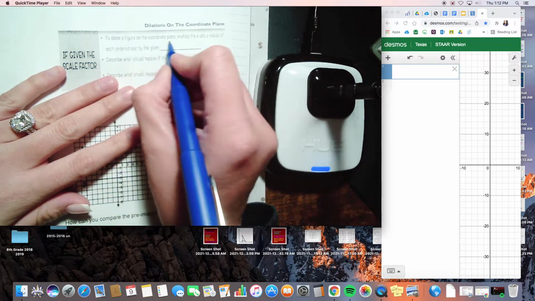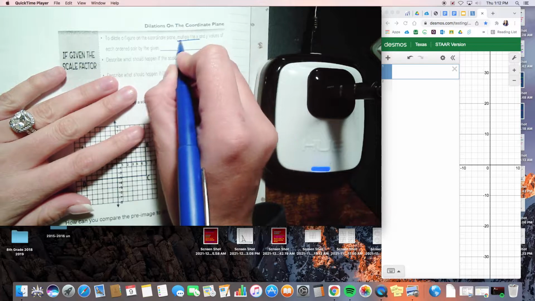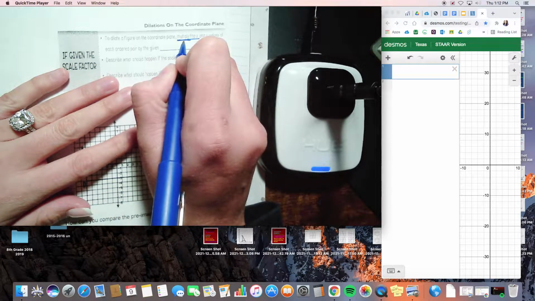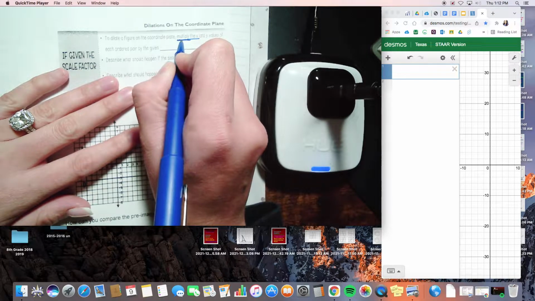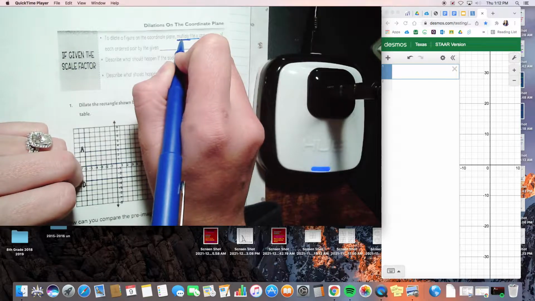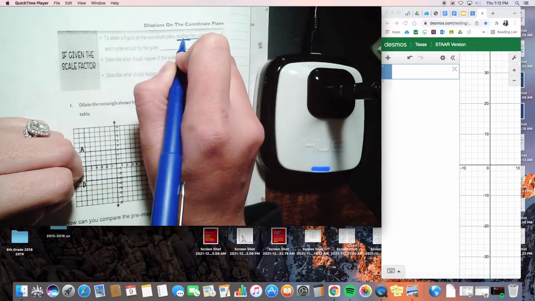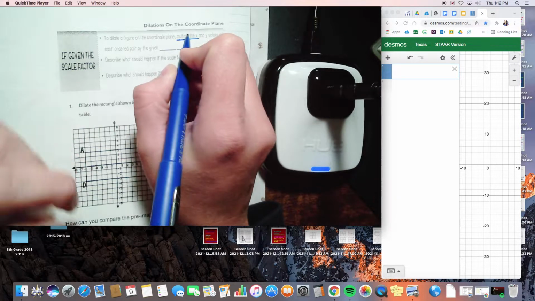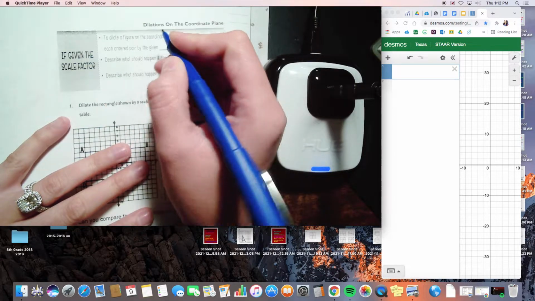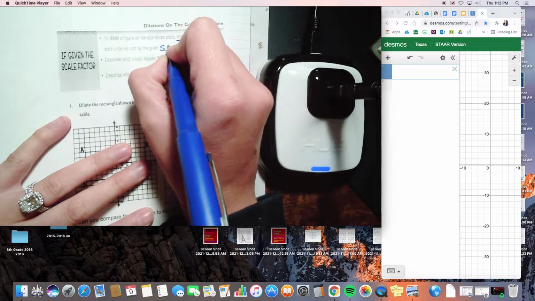So when you're dilating a figure, you're going to multiply. This is very important because when you get to multiple choice questions, you are going to see questions that have adding and subtracting or dividing. You want to make sure you take those off because you're only multiplying. It's only ever going to be multiplying. So multiply the x and y values of each ordered pair by the given scale factor.